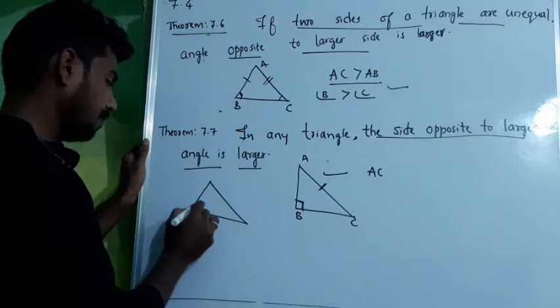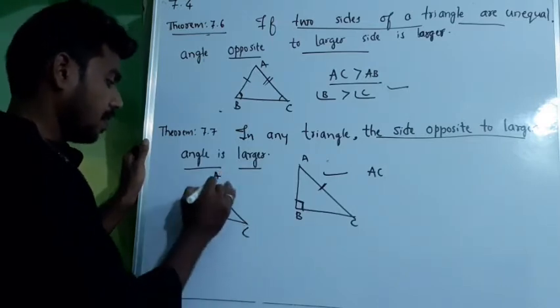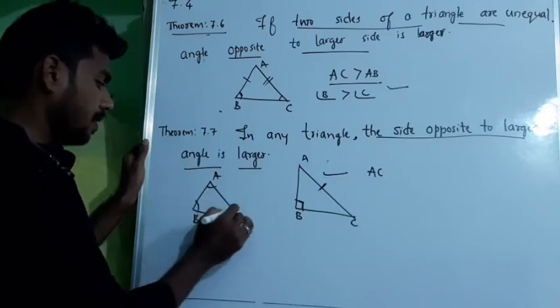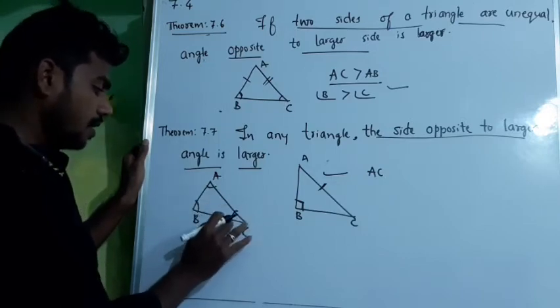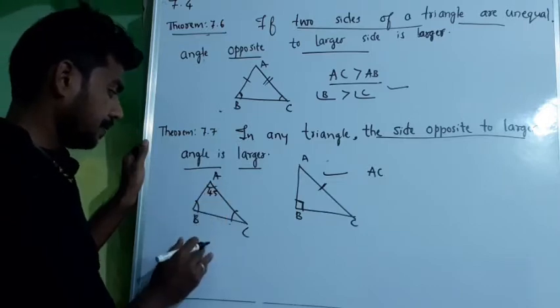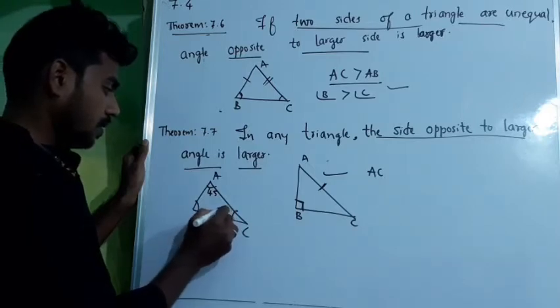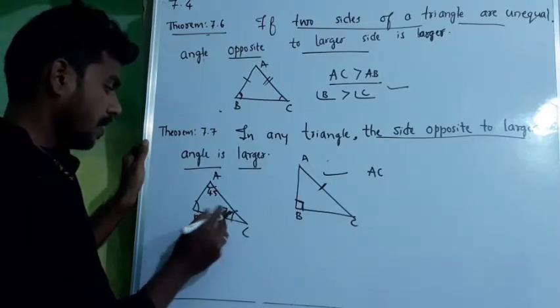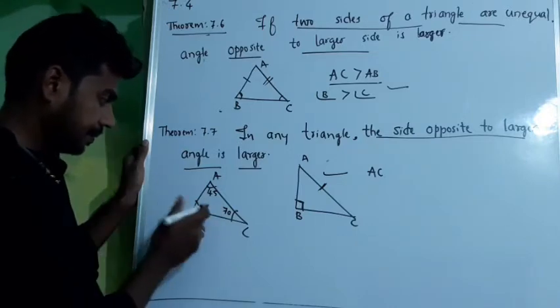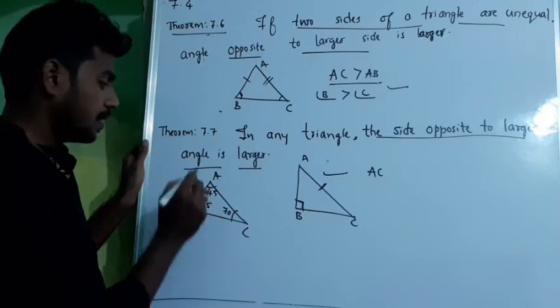Now, triangle A, B, C. If I give angles to this: 45, 70, 75.